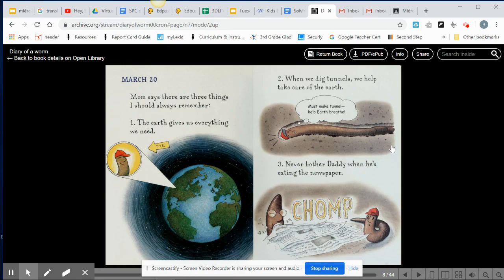So when we're trying to figure this out, we're going to look at this picture right here. We can assume that this worm is making a tunnel. He says they are digging them. So by using the sentence, when we dig tunnels, we help take care of the earth, and the picture here, what can we guess that the word tunnel means?